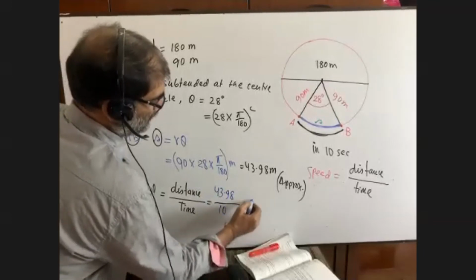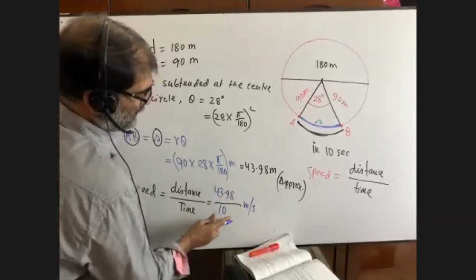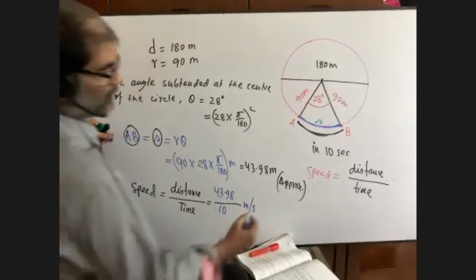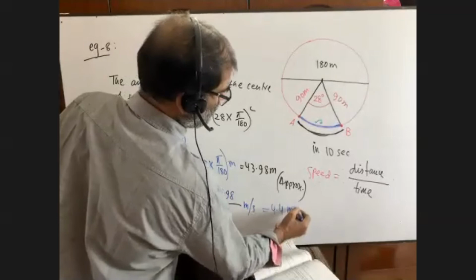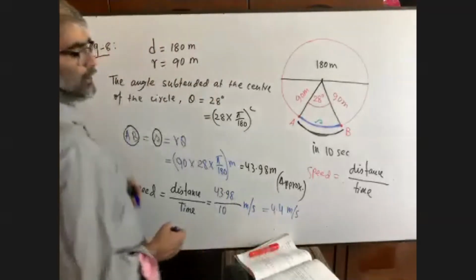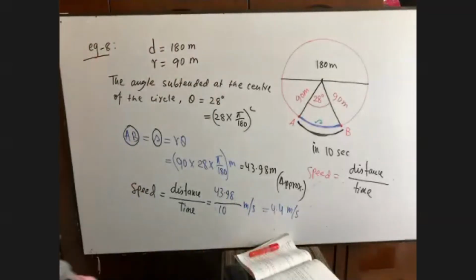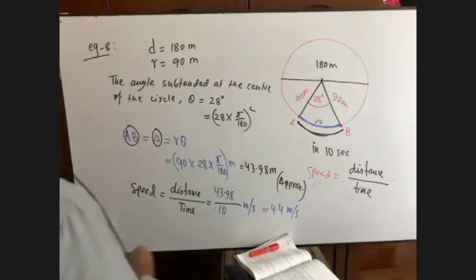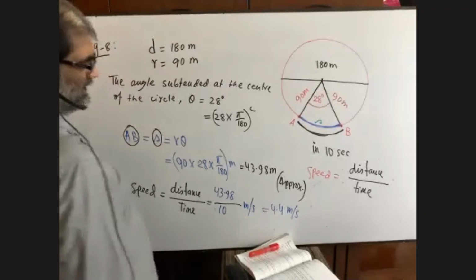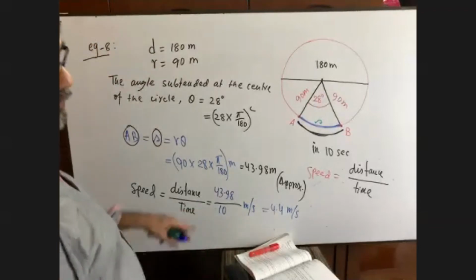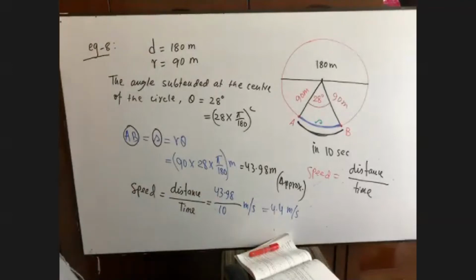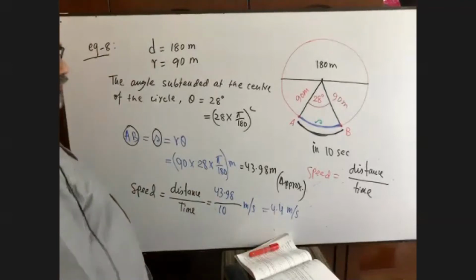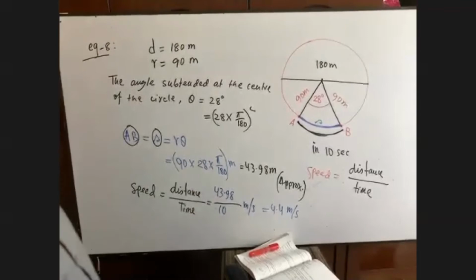So now the unit is meter per second, which is approximately 4.4 meter per second. That is the speed of riding a bicycle: 4.4 meter per second. And it is actually a normal cycling speed, about 5 or 4.4 meter per second.